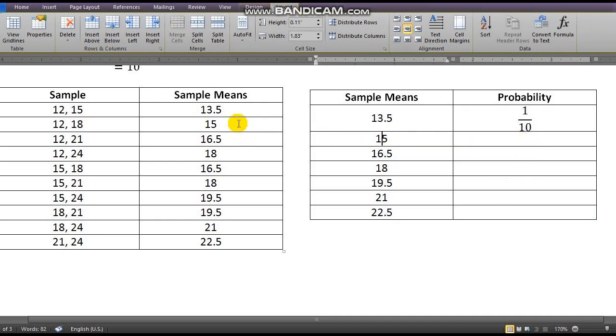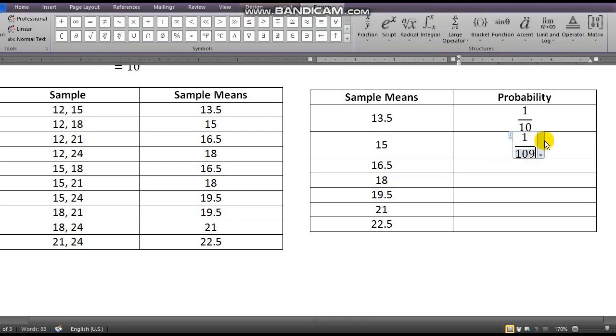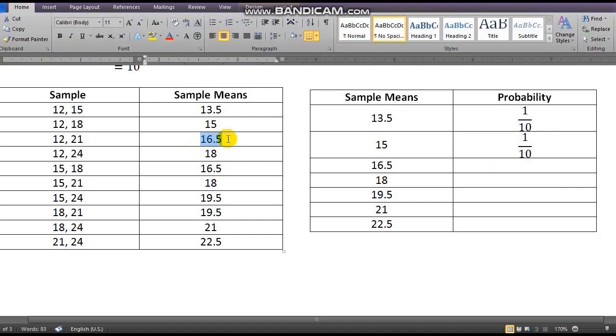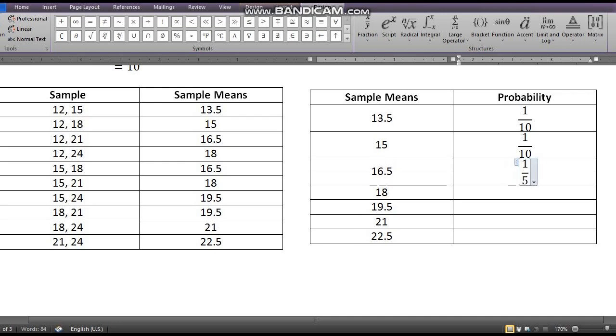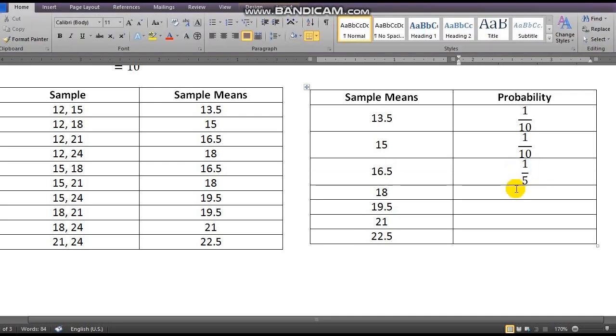So 15 appeared only once out of 10 times, so the probability is 1 out of 10. 16.5 appeared twice, here and here. So the probability is 2 out of 10, or simply 1 over 5. Remember, simplifying 2 out of 10 is 1 over 5.